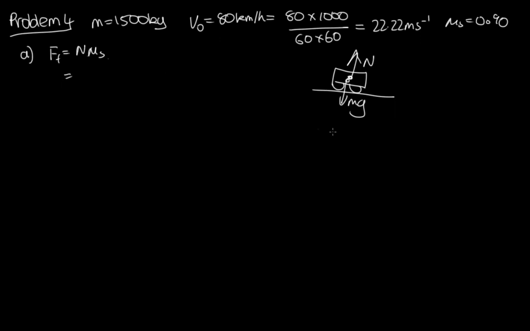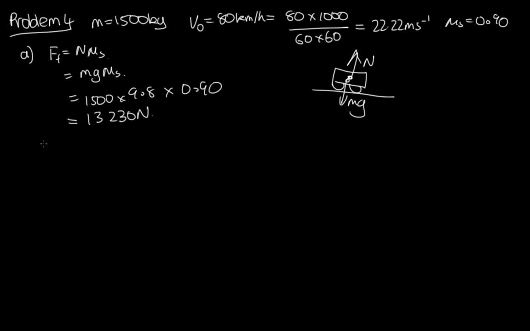So the normal force in this case is equal to the weight force, so it's mg mu s, and substituting in, we've got 1,500 times 9.8 times 0.90, and solving that on the calculator, we get 13,230 newtons. And so that's the frictional force, and now we can calculate the acceleration of the car.